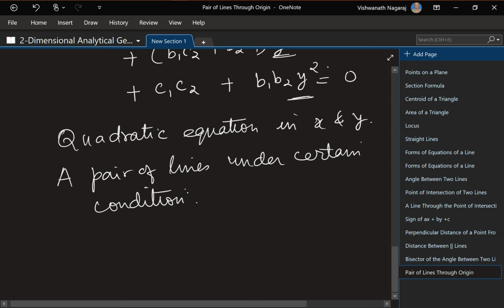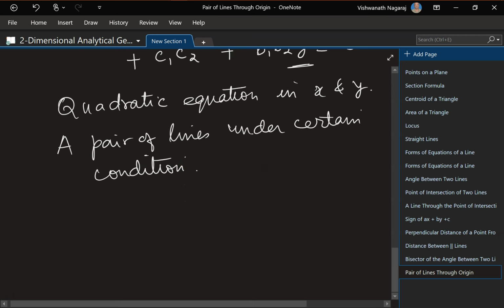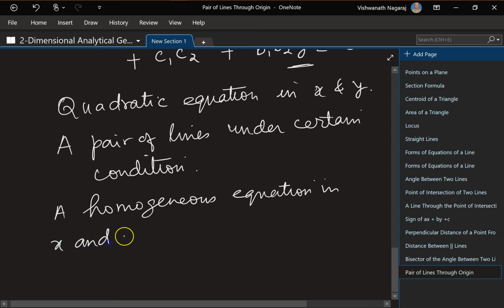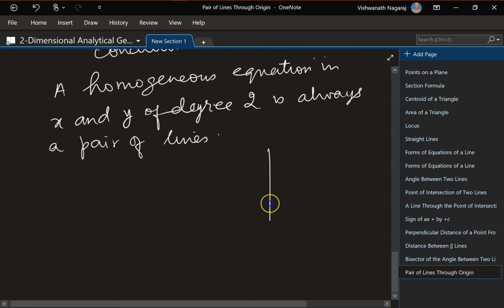Only when certain conditions are satisfied do they represent a pair of lines. Whereas a homogeneous equation in x and y of degree 2 is always a pair of lines.